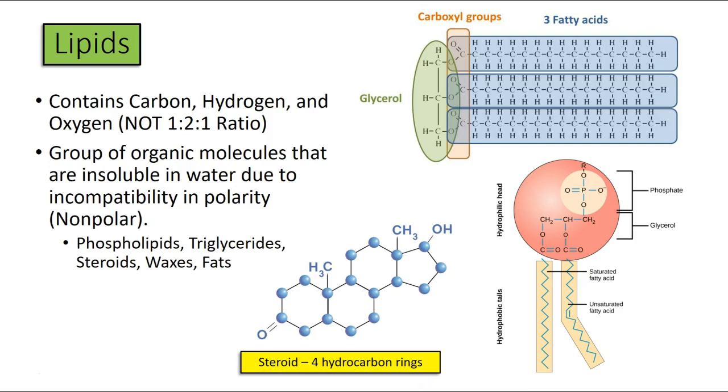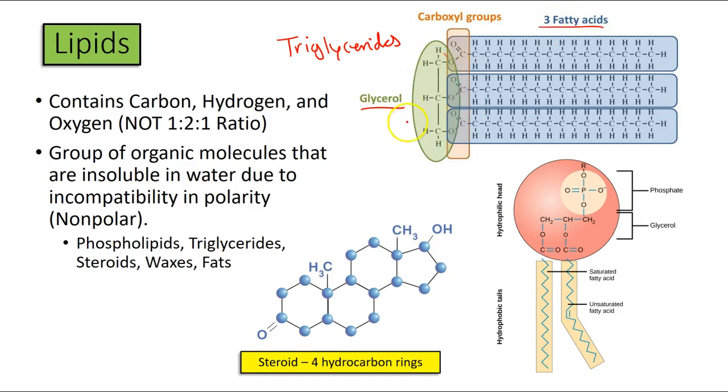Lipids, there are two lipids that we're typically going to talk about in detail. There are a couple of other forms of lipids that we're going to talk about just as ancillary information, but the two main types of lipids would be the triglycerides and the phospholipids. The triglycerides are going to be a molecule that contains a glycerol head in green and is going to contain 3 fatty acid tails.